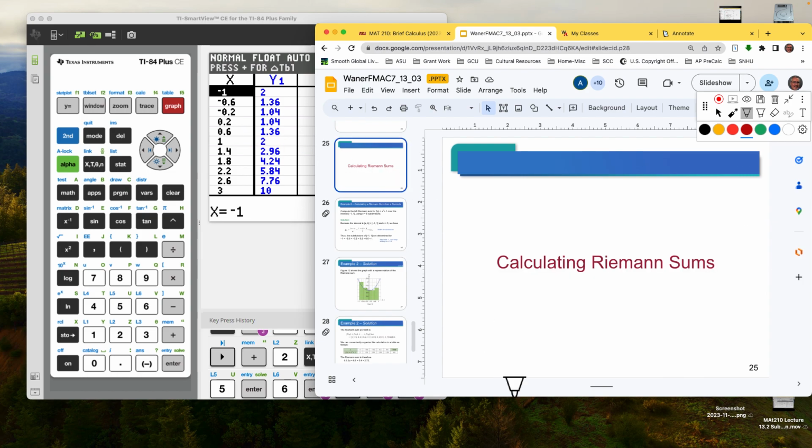Let's go back here, right? So we wanted f of negative 1 is going to be 2. So that's that one right here.